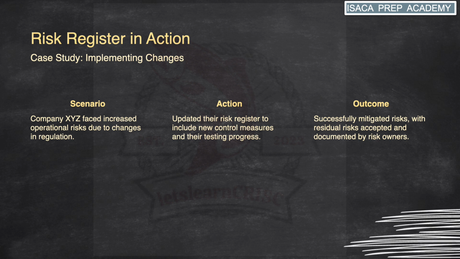By acknowledging and documenting residual risk, owners ensure that all stakeholders are aware of the remaining risk landscape and can make informed decisions accordingly. Overall, friends, this outcome reflects company XYZ's commitment to proactive risk management and its ability to navigate and mitigate risk effectively to safeguard its operations and achieve its strategic objectives.